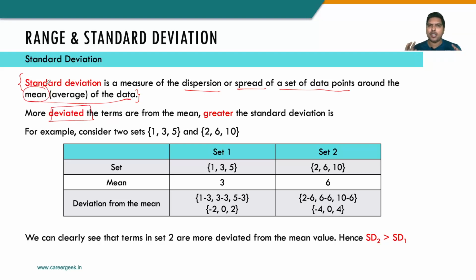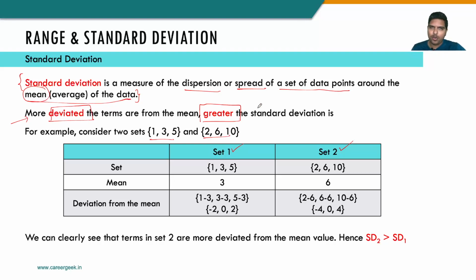More deviated the terms are from the mean, greater the standard deviation. If the deviation from the mean is more, then the standard deviation is more. Now, how to compare? I've taken two sets, like a set 1 and set 2.